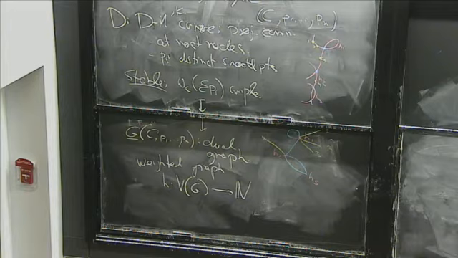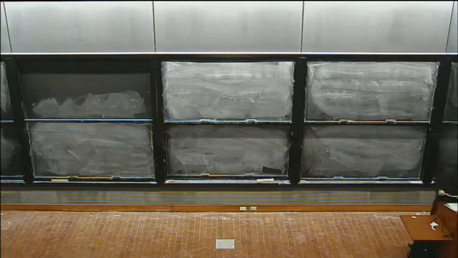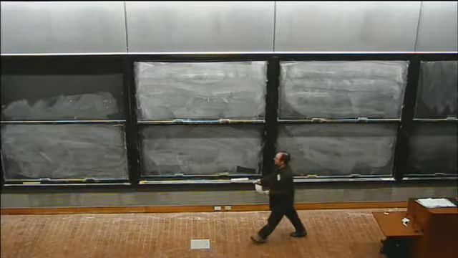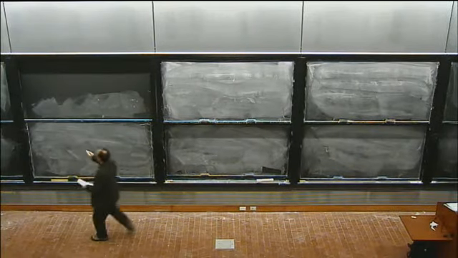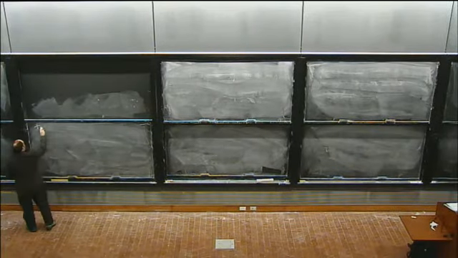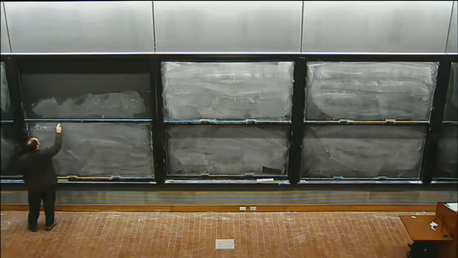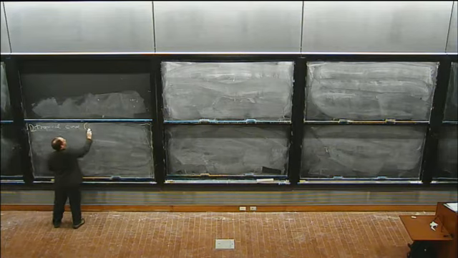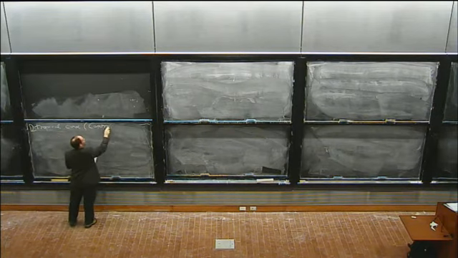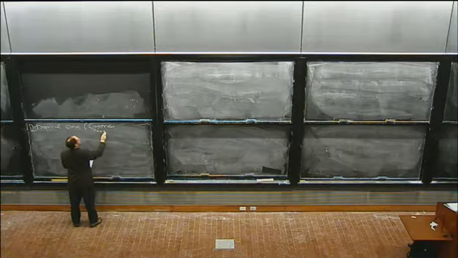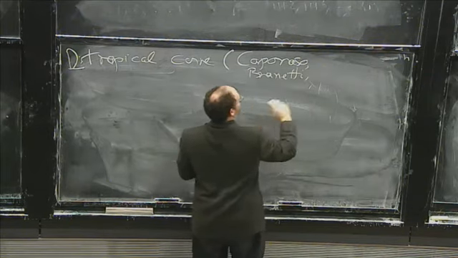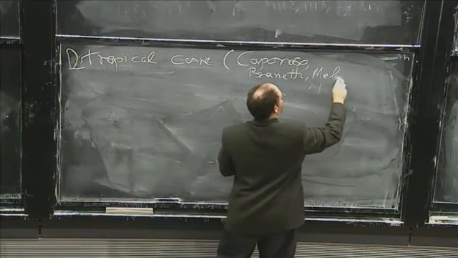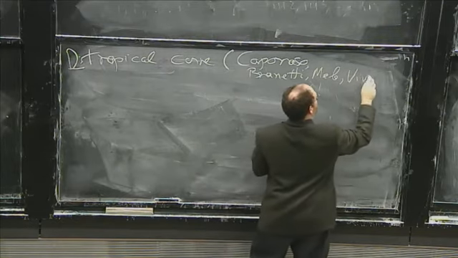And so the goal of this lecture is to say something about another geometry, and that's tropical curves. So what's a tropical curve? Caporaso and then Ranetti, Mello, Viviani.